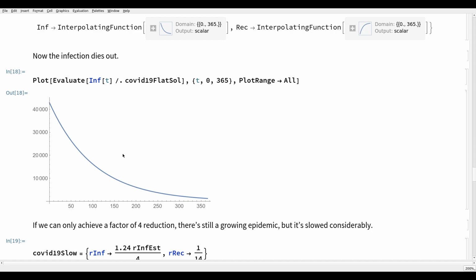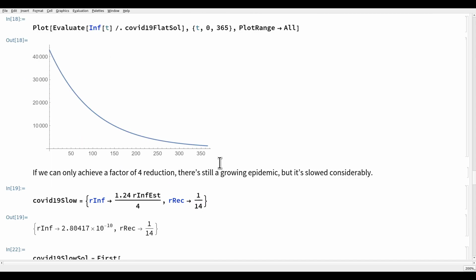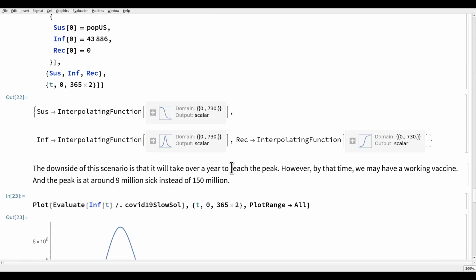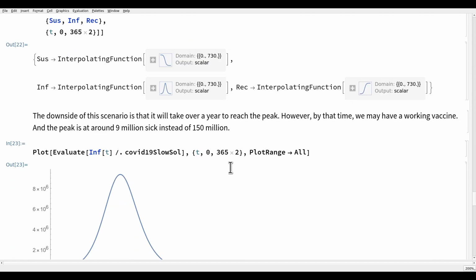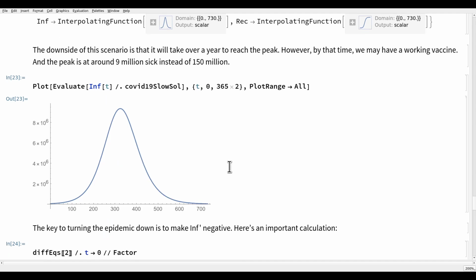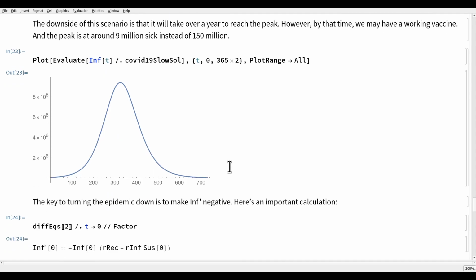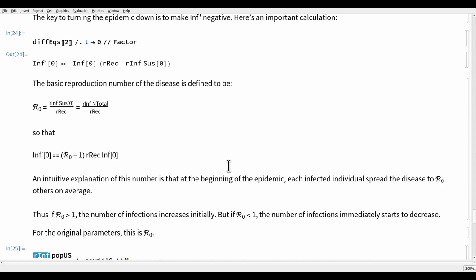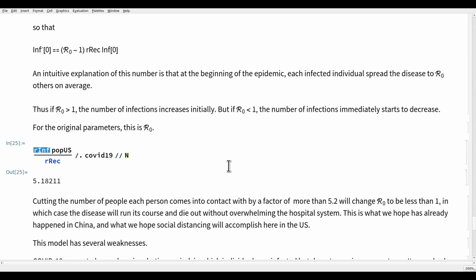This behavior with a factor of 6 reduction. This is why we really need to stay on the ball, do the social distancing, and this is why colleges are closed. This is why sporting events are being canceled. It's just to try to reduce the number of contacts between individuals as much as possible.